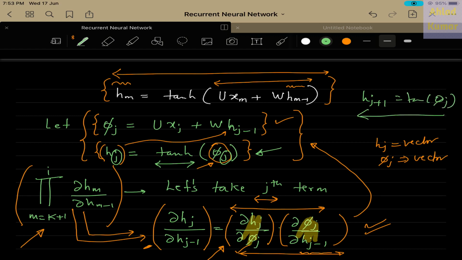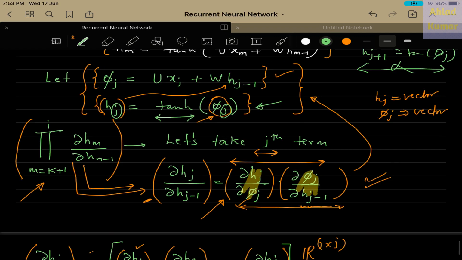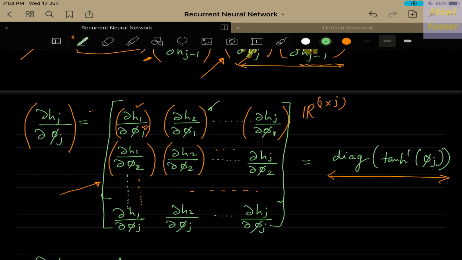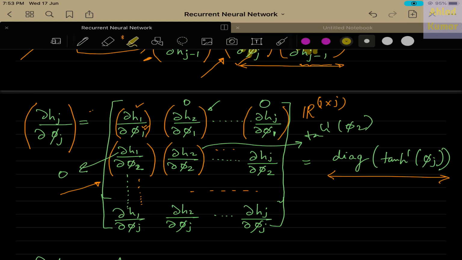So the derivative of h2 with respect to phi 1 is 0, and this term will also be 0. This term you will get as the tanh derivative of phi 2. So if you keep on evaluating all these derivatives, what you will get is a diagonal matrix, which will have values along the diagonal.